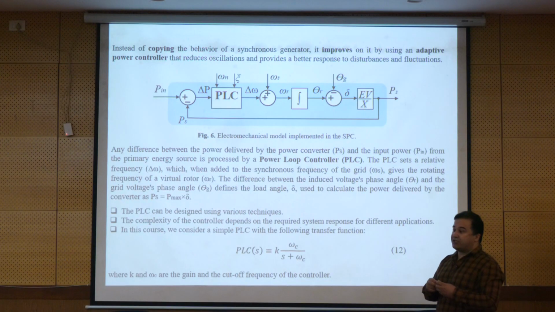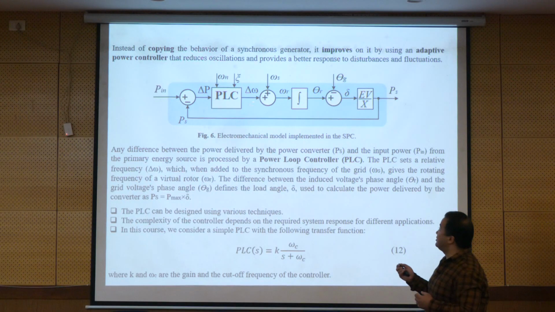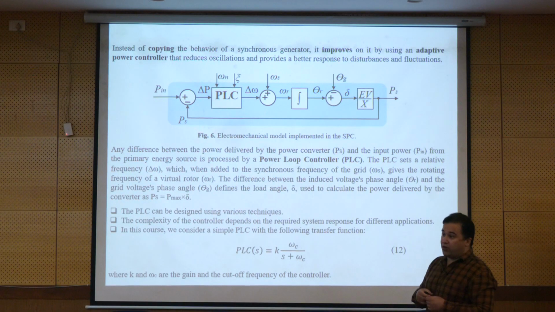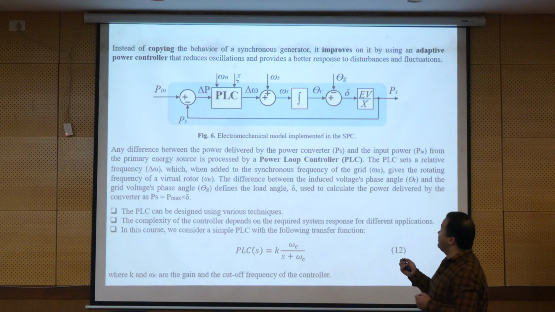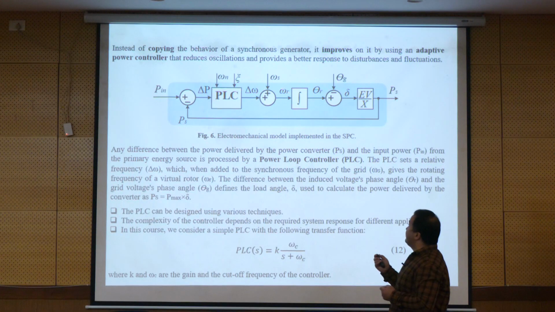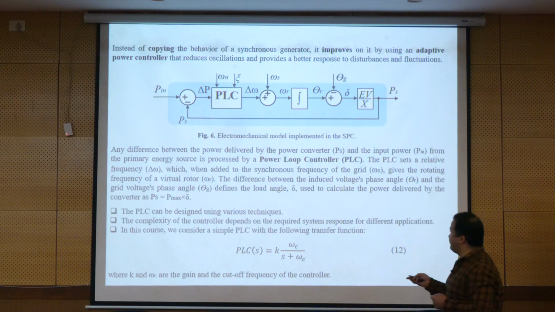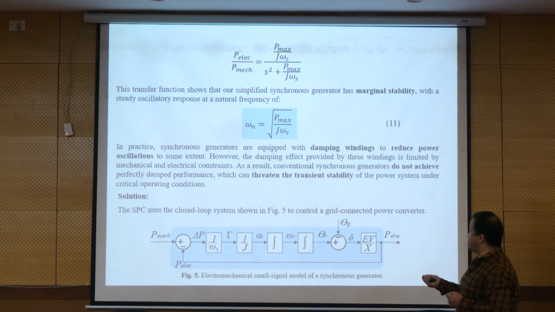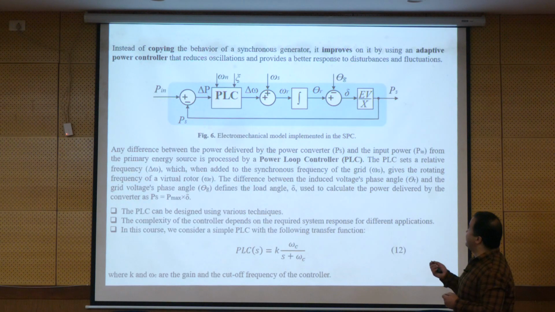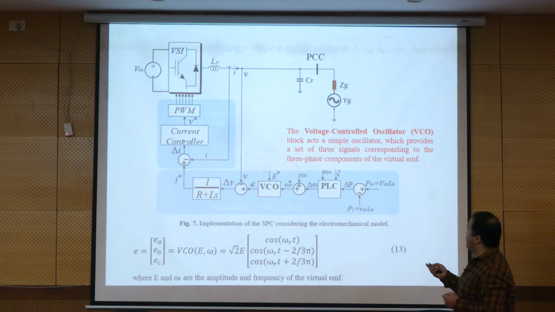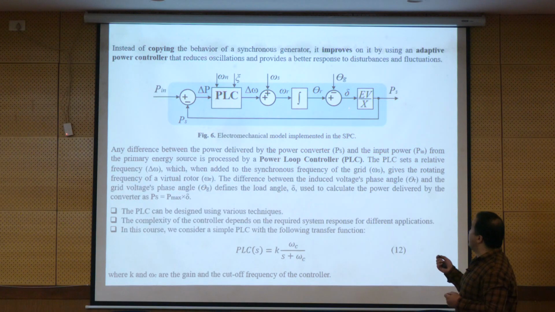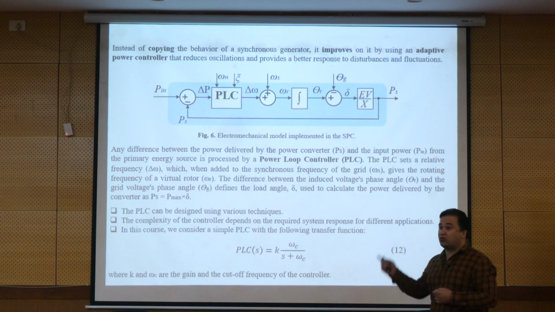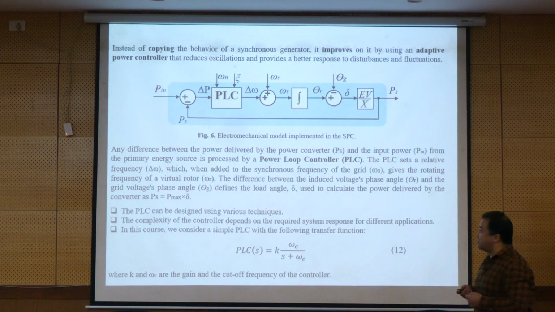We add these frequency changes to omega S, and we have the frequency of the rotor. Then again we proceed with the same omega, theta, delta, E. So we can calculate the model we have for the synchronous generator in the control loop of the converter.